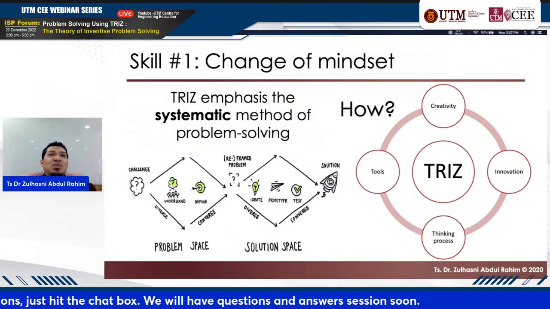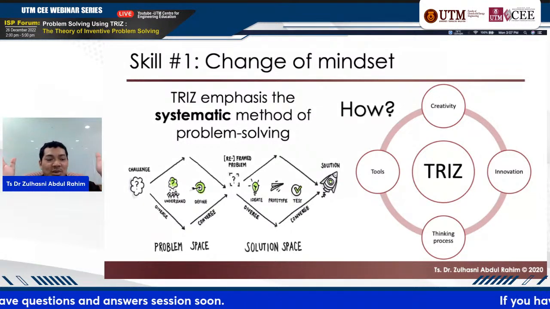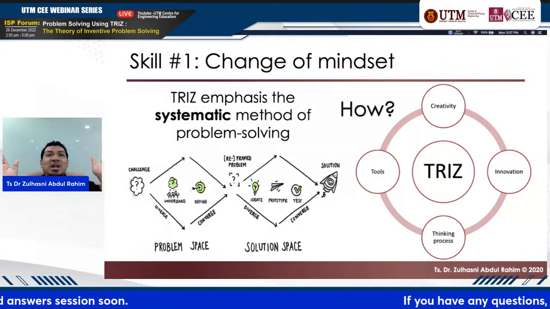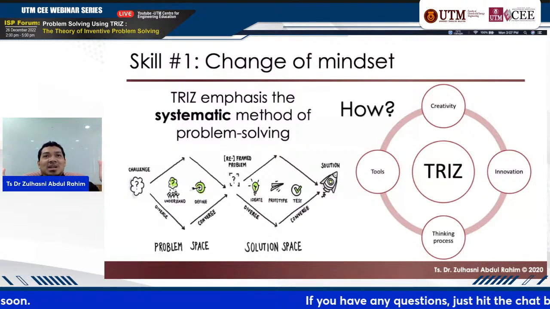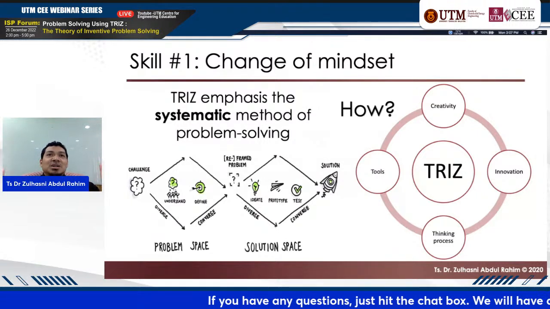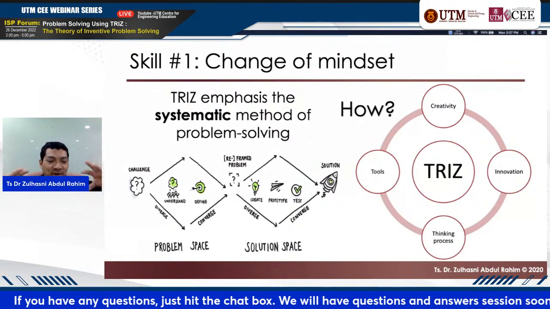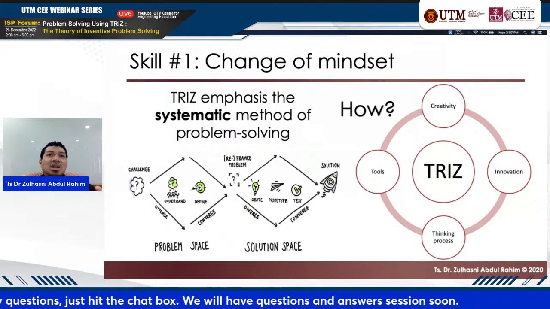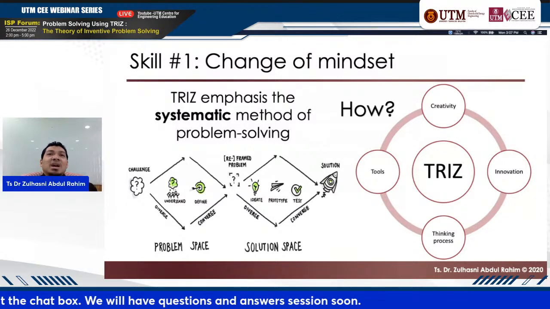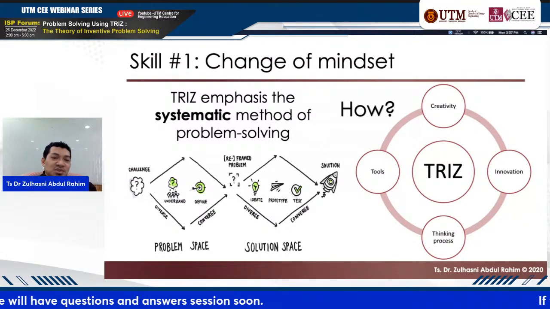Once you find the true root cause, you need to diverge back your mindset and try to find ideas to solve the issue. And once you have a lot of ideas, you need to converge back and try to develop one effective solution.